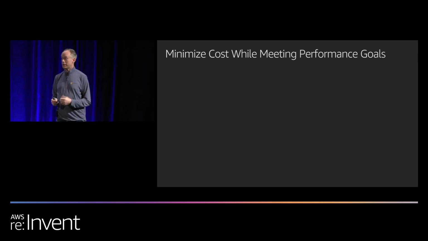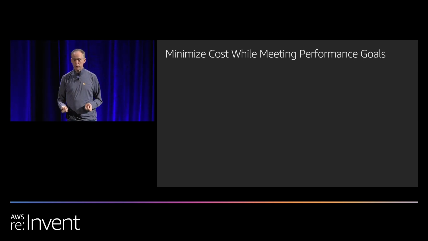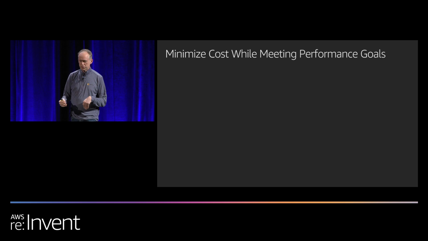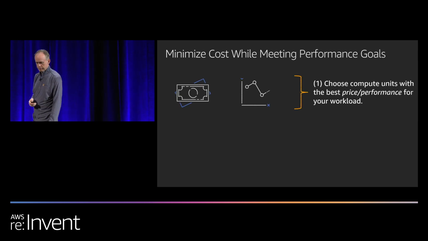There's certainly other contexts in which you flip it around and you say, well, I've got a budget to spend, and for that budget, I want to get the most performance that I can get. It's a very similar discussion regardless of which way you choose to look at it, but for the purposes of today, I'm going to focus on minimizing cost while meeting performance goals.